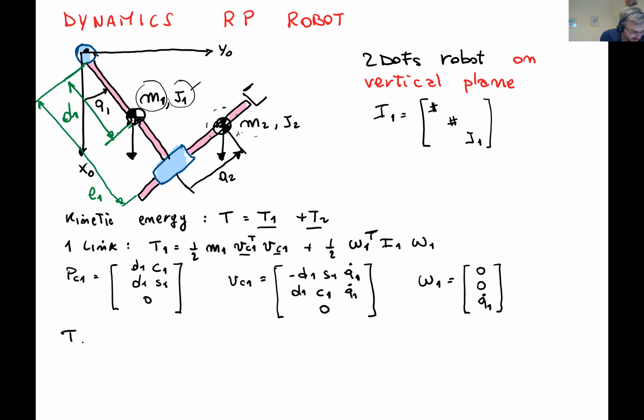Then if we put everything together to compute T1, the kinetic energy, we square the first component, then we square the second component, and we sum all of that.